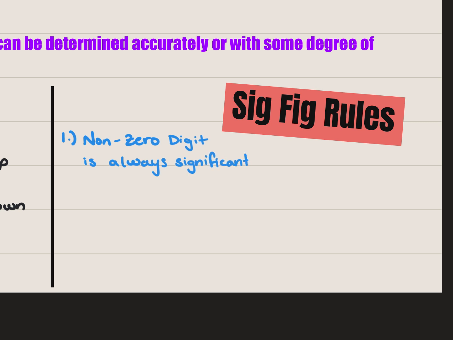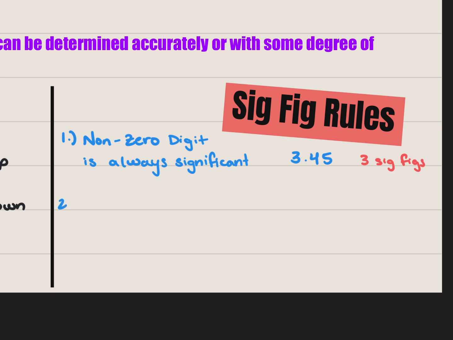So for example, if I had something like 3.45, those are all non-zero digits, which means all of them would be considered significant. So in this case, if I were to decide how many significant figures are in this number, I would have 3 significant figures.